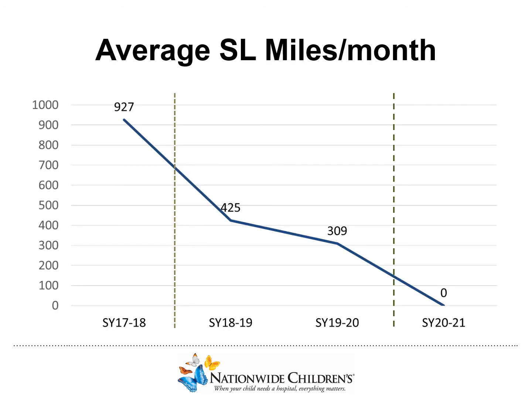I think this is pretty amazing to look at. This is the number of miles per month that we traveled as school liaisons. The year before we put the tiered model into place, we were driving about 927 miles a month. The first year we put it in place, it was 425.